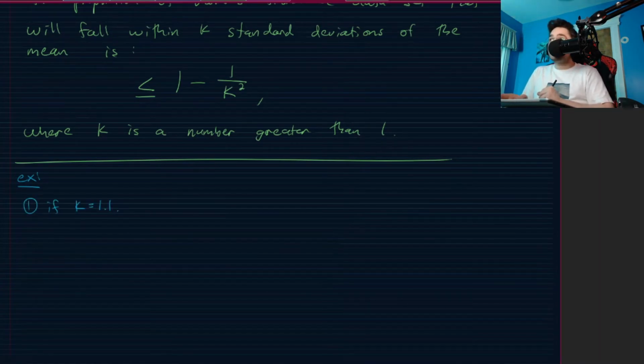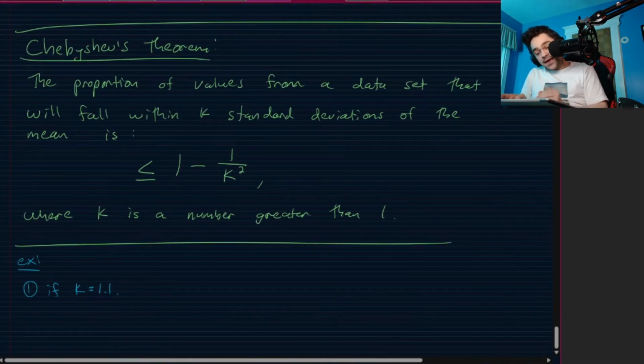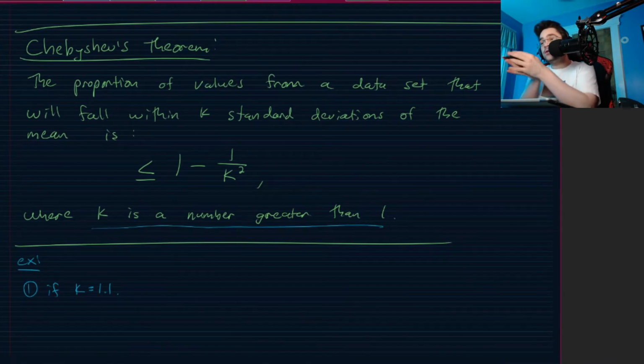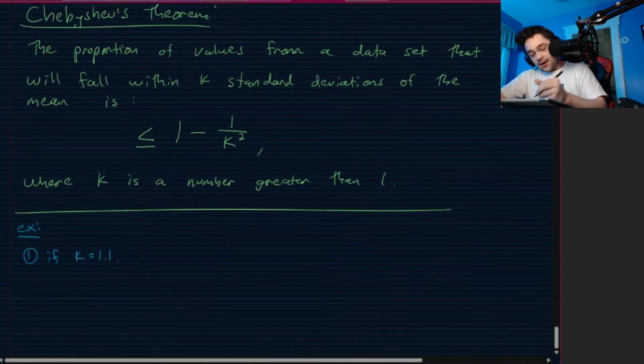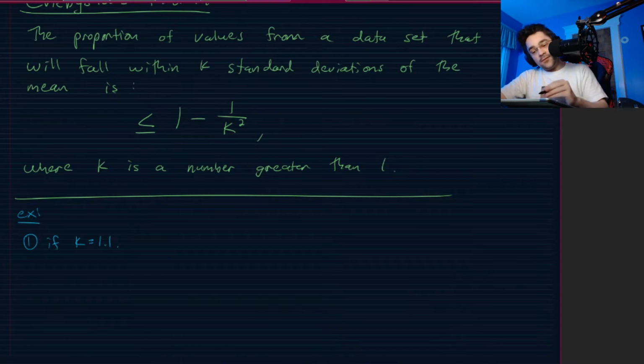Let's pick for our first K 1.1. Because remember, K is a number greater than 1. It has to be bigger than 1. It doesn't work for 1. So we need to go a little bit bigger than 1. How about 1.1? We'll try that first. So if K equals 1.1, we get that the proportion of values from the data set that will fall within 1.1 standard deviations of the mean is at least 1 minus 1 over 1.1 squared.